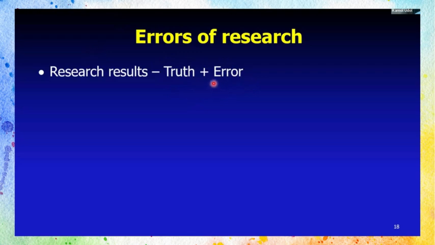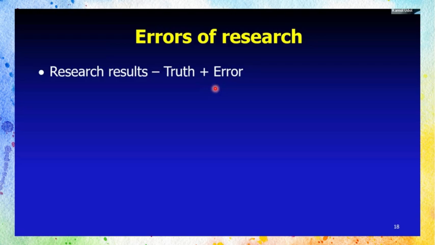So we need to understand this concept, the error in research. Error is something that will deviate the research result from the truth. It will make results not correspond to the truth.